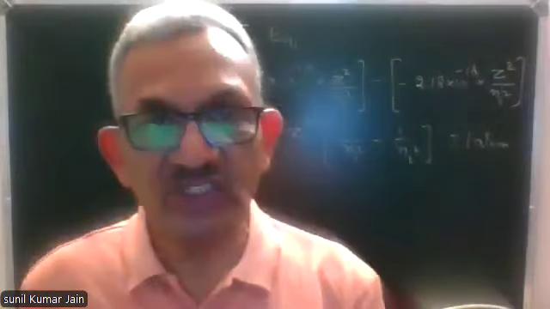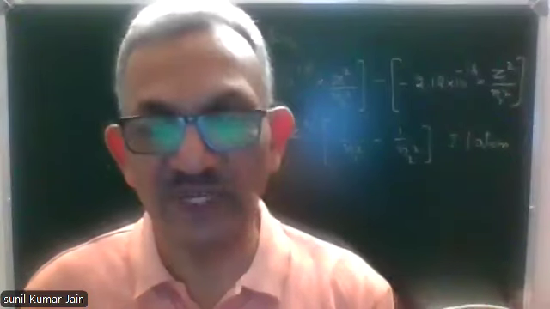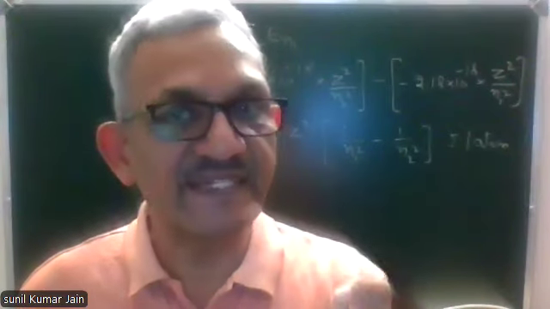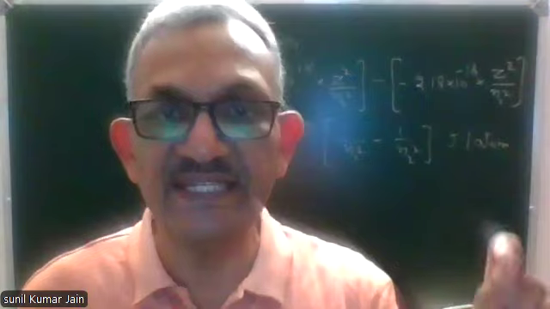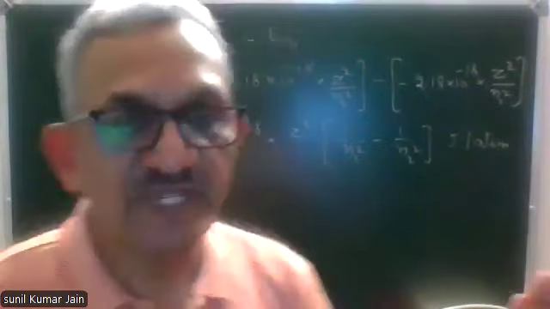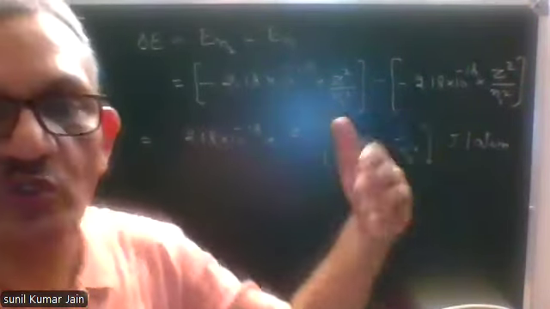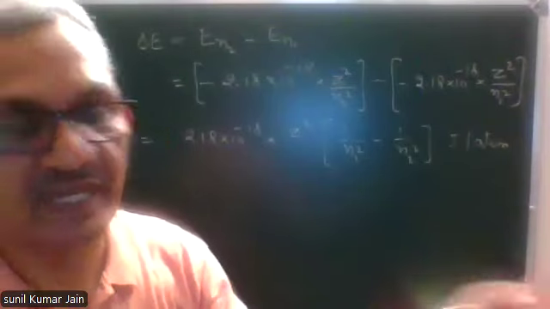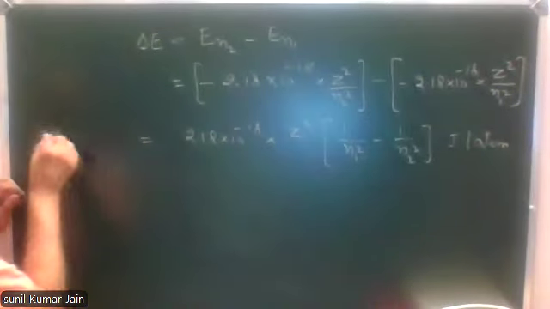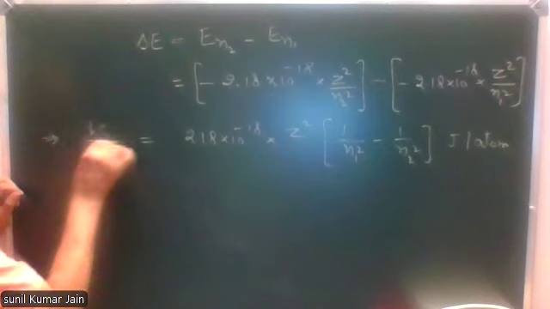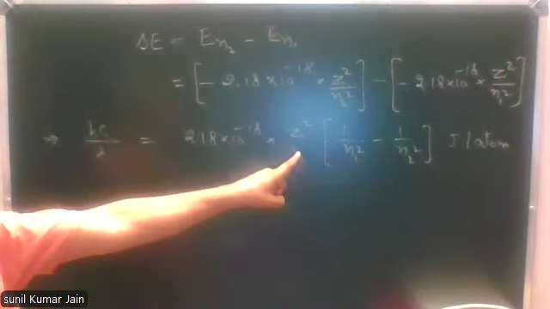Now, energy or energy difference is one and the same thing. If I say that energy E is equal to hc by lambda, it means I can say the energy difference is also hc by lambda. So I can say this is hc by lambda.